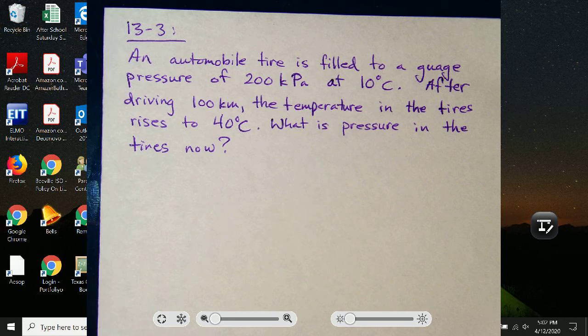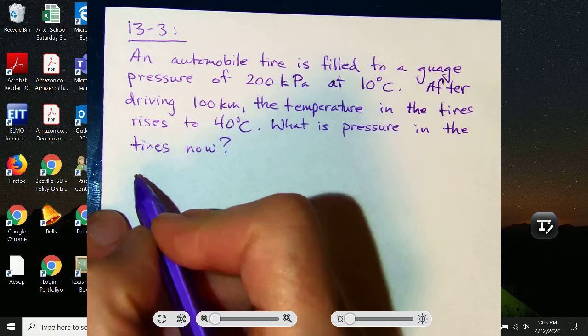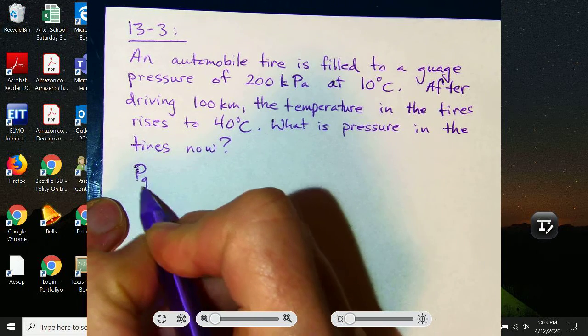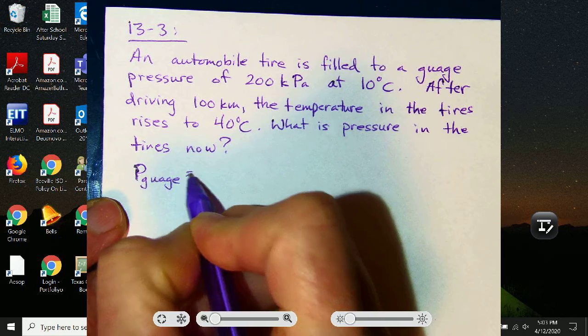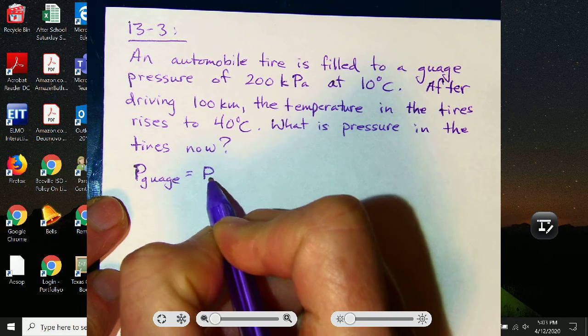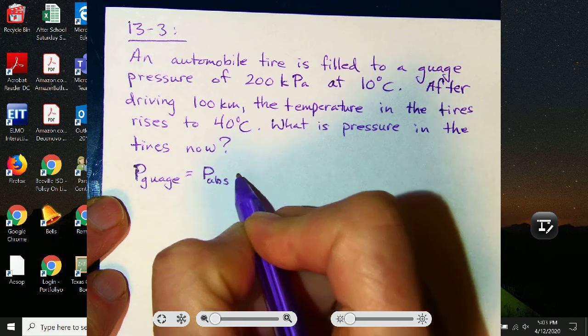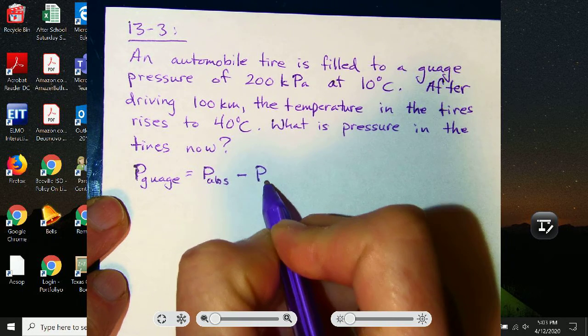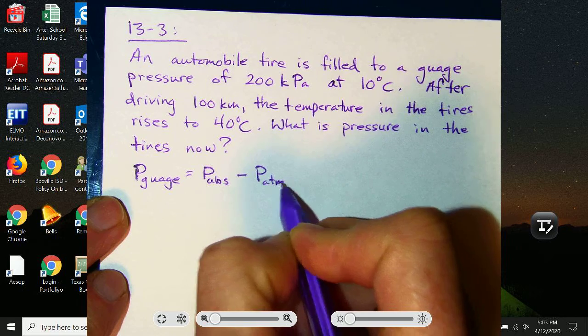Okay. Now, the reason I want to use this example is that when we use the ideal gas laws, we need to be dealing with absolute pressures, not gauge pressures. So you need to go back to your fluids section. Remember what a gauge pressure was. It's the absolute pressure minus the atmospheric pressure.